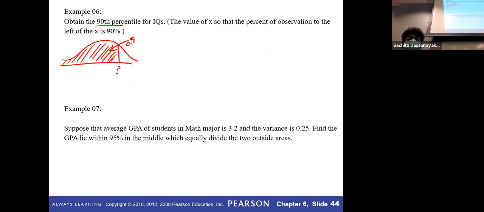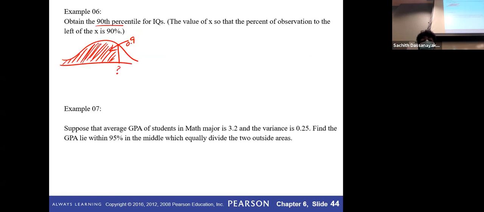Here they haven't mentioned anything about a normal distribution, so first find this value. How do we find it? Since this is a percentage or area, you can simply go to the standard normal distribution table. Not the first one, not the second one, which one? It should be the second one, right?